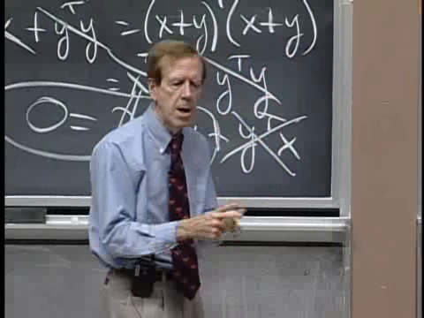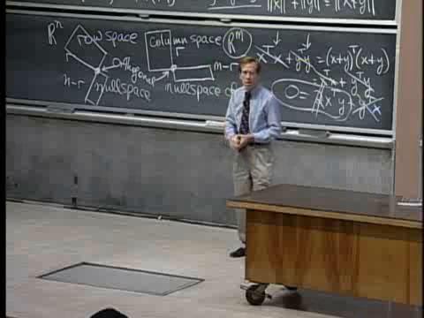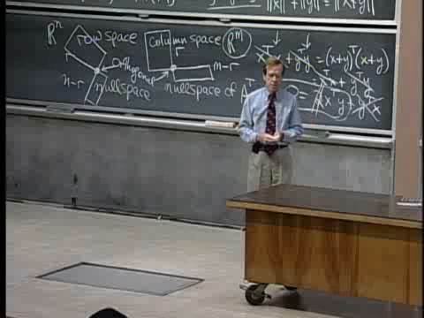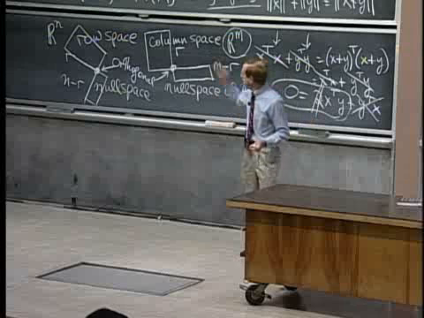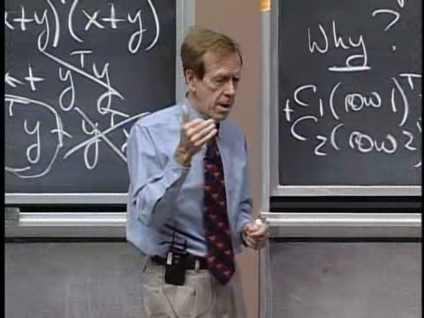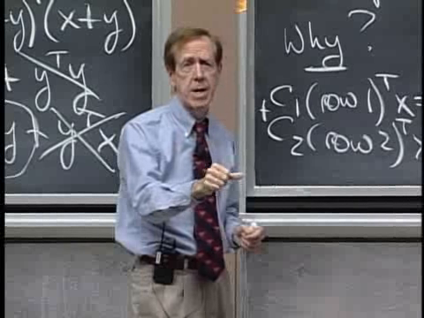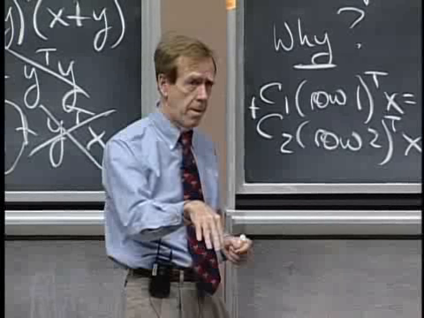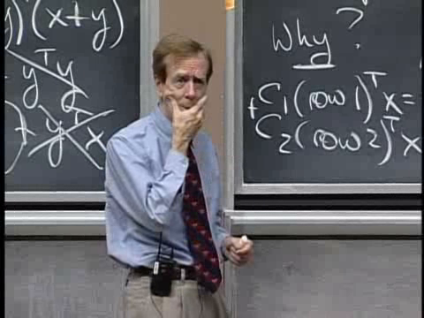Could those be the row space and the null space? Could I be in 3 dimensions and have a row space that's a line and a null space that's a line? No. Why not?